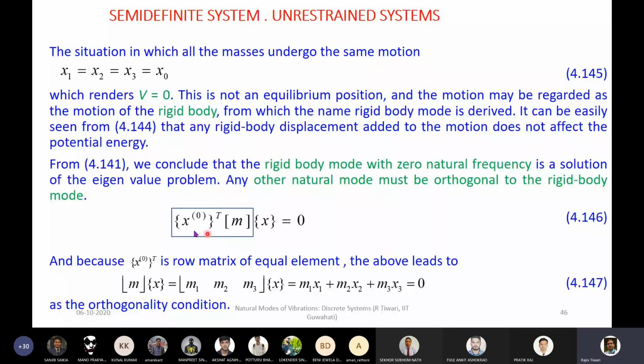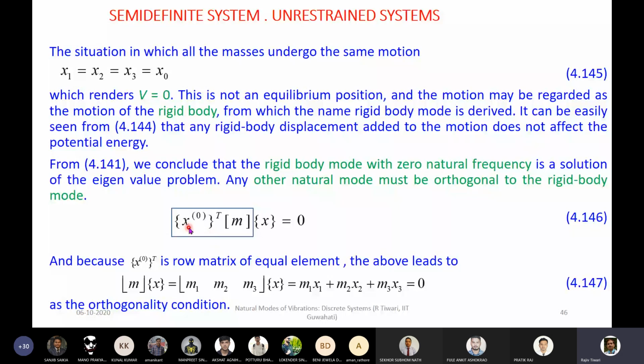If we multiply these two, we'll get m1, m2, m3 as a row vector. X will remain as it is, as a column vector. If we multiply this again, we'll get this condition, m1 x1 plus this. This is what we get from the orthogonality condition of the rigid body mode with any other mode of the system.